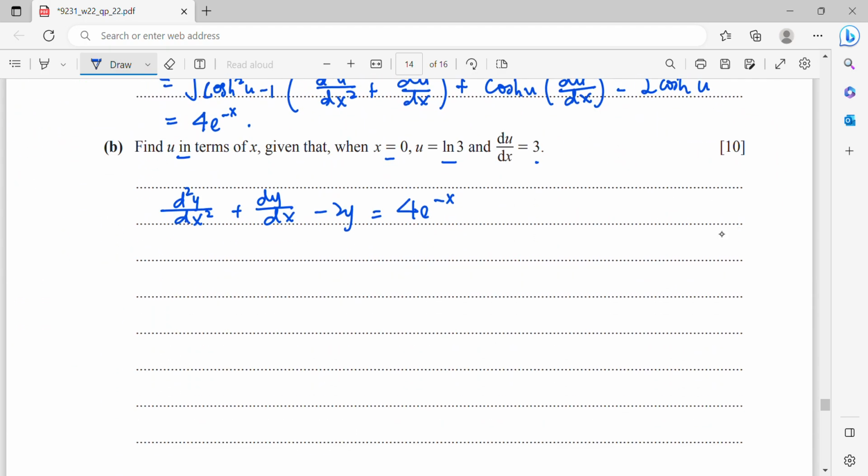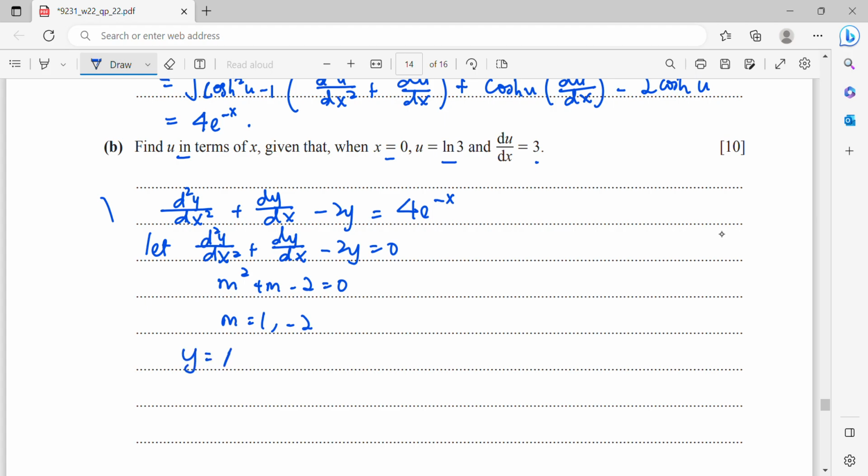So now let the right hand side be 0. Then you will get the characteristic equation m² + m - 2 = 0. You'll get m equals 1 and -2. Therefore, your general solution is Ae^x + Be^(-2x).